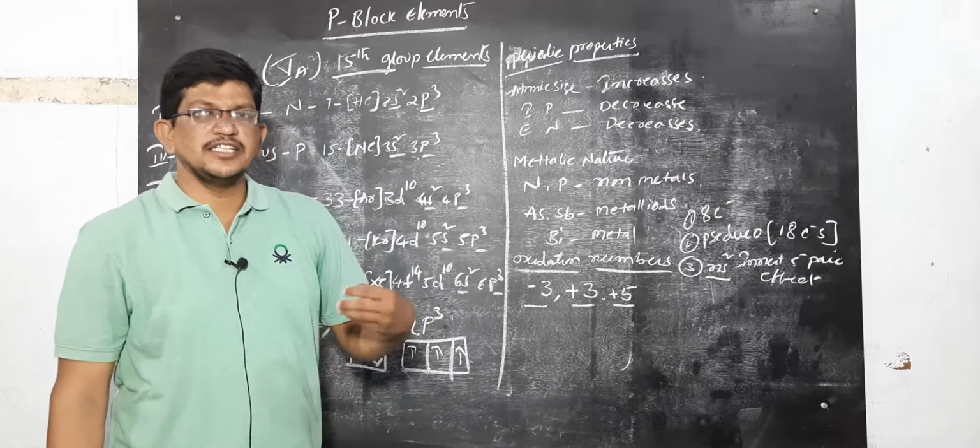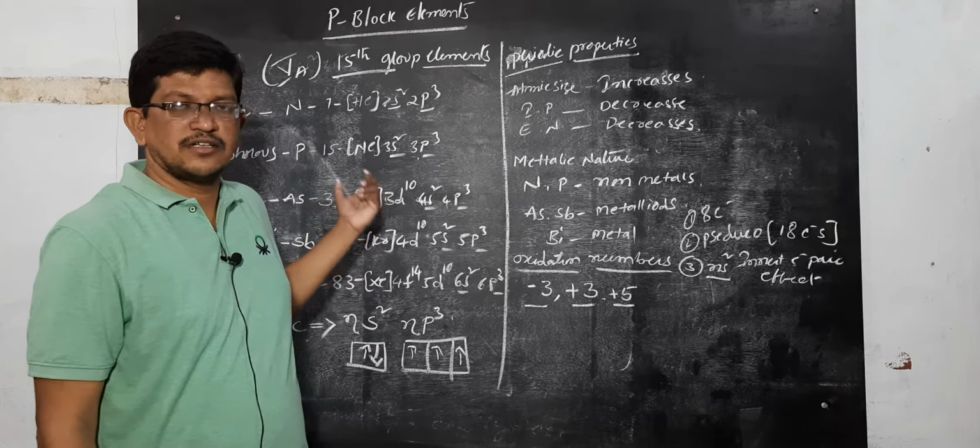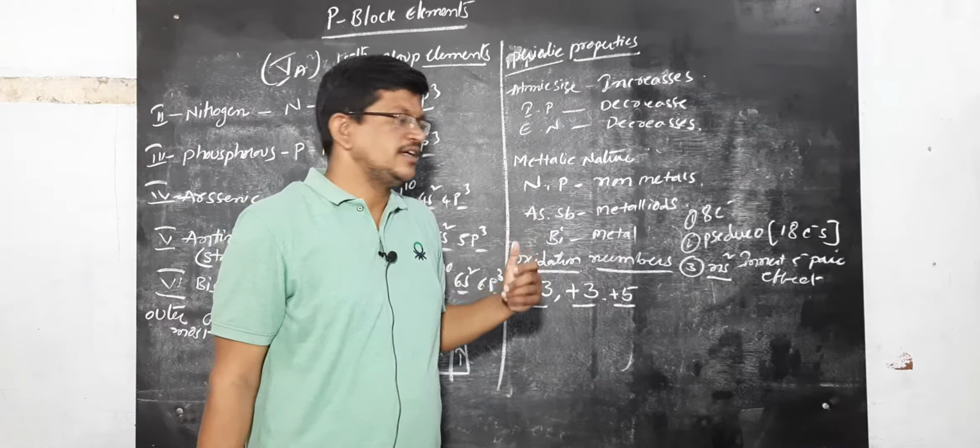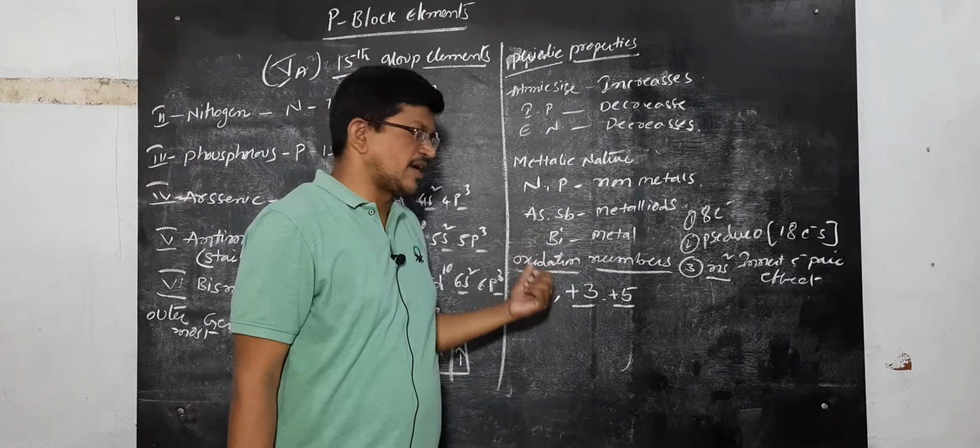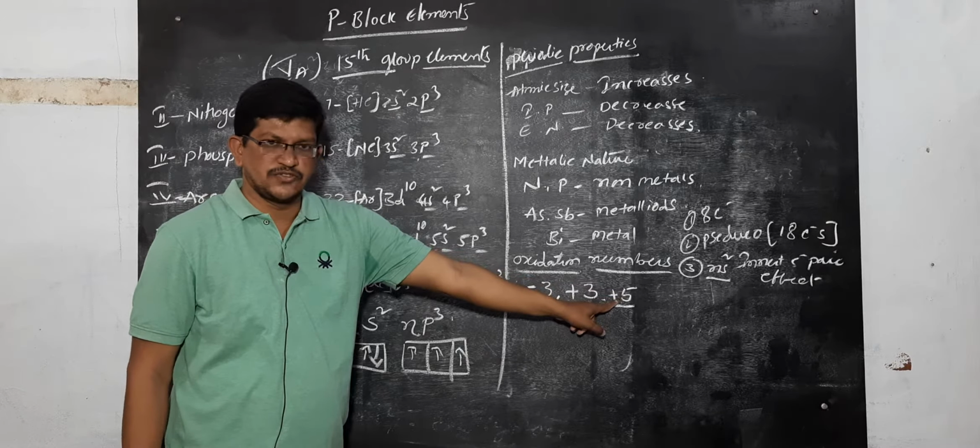That means these 15th group elements get stability by sharing or gaining 3 electrons or 5 electrons. That means they form compounds. Right. So the 15th group elements' general oxidation numbers are -3, +3, +5.